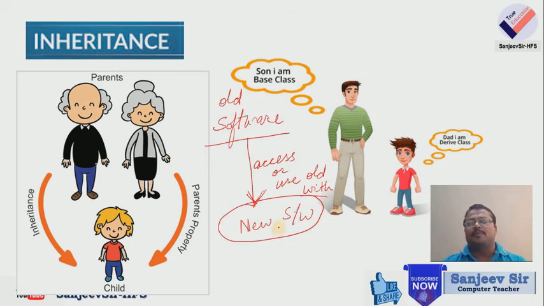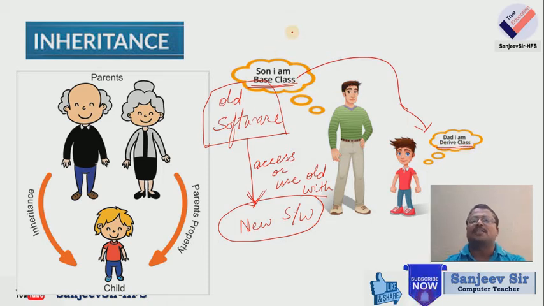This type of programming implementation, when we use the code that is already available from the old software to create a new software, uses the concept of inheritance. When a base class, that means the old class, is reused in the new one, the new one is known as the derived class, and the old one is the base class.